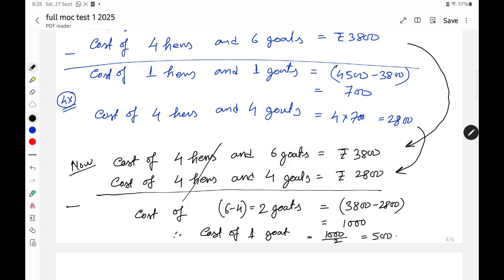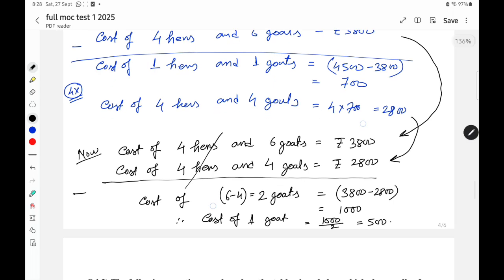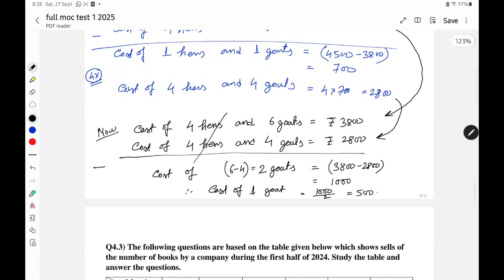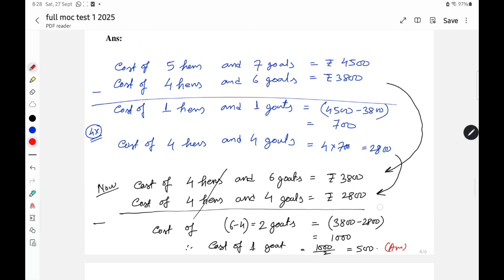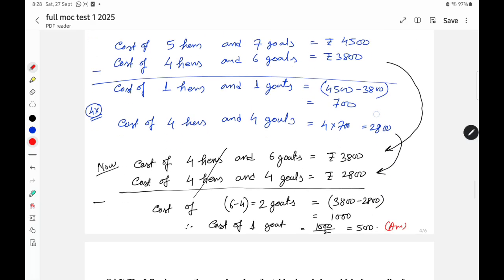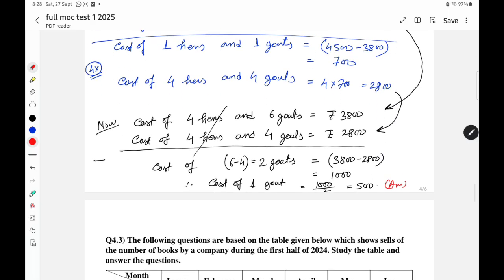So this is the price of 1 goat. And এইখানে দেখ, price of 1 goat and 1 hen is 700. So এটা একটা answer হয়ে গেল. This is the answer. Goat and hen এর মধ্যে goat পেয়ে গিয়েছি.